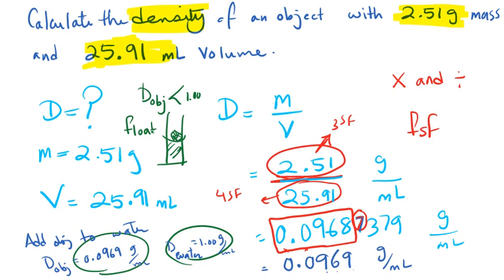So in this video, I wanted to show you how to calculate the density and how to connect this information with other videos that I posted: how to find the relationship between this object and other information that we learned, that the density of the object versus the density of water means floating, remaining on the top, and also the significant figures that we had.